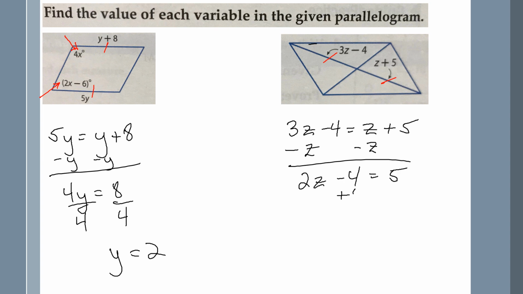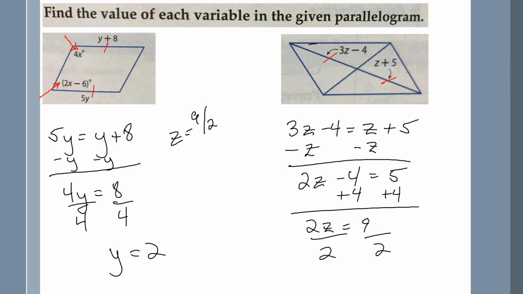I'm going to add 4 to each side, and I get 2z is equal to 9, and if I divide each side by 2, I end up with z is equal to 9 halves, or 4.5.